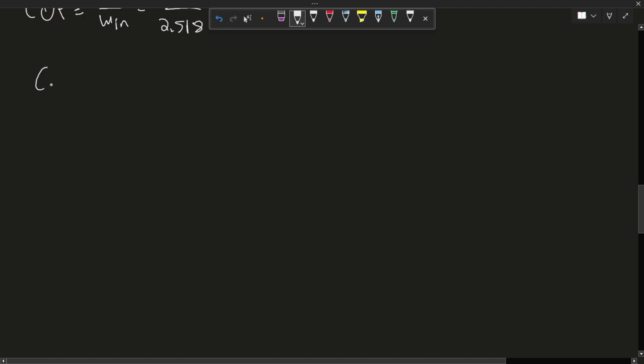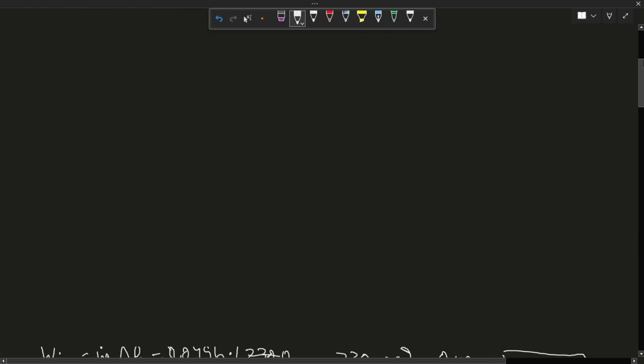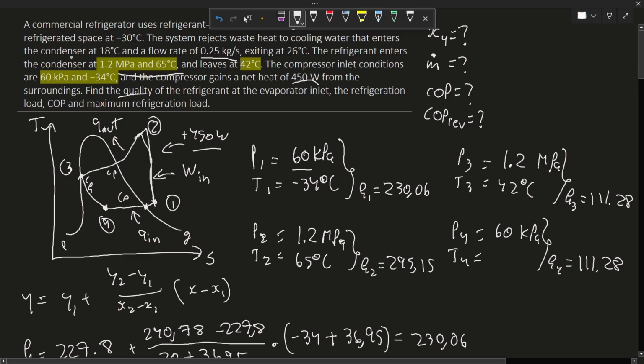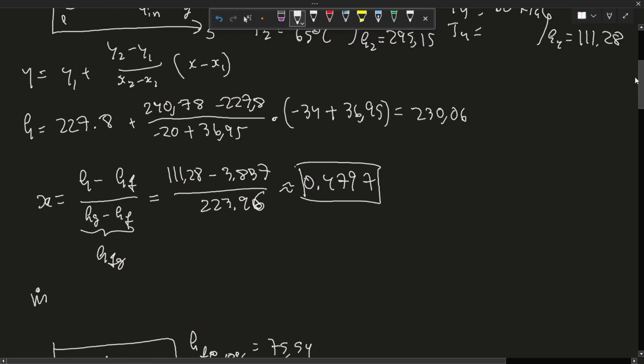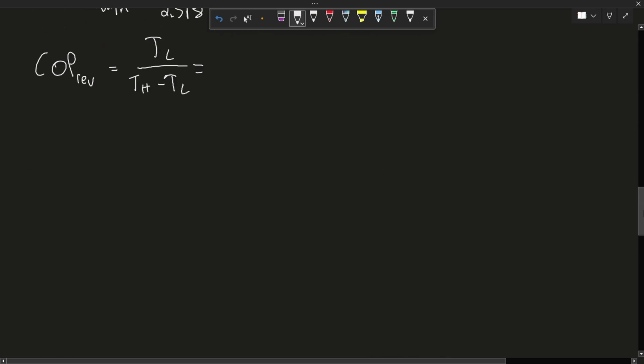Now, as I said before, COP reversible is equal to TL divided by TH minus TL. Where do we find these values? You go back to your question, and it says over here it wants to keep a refrigerated space at negative 30 degrees Celsius. This is our TL. Our T high is over here, where the water comes in. That's what we're assuming.